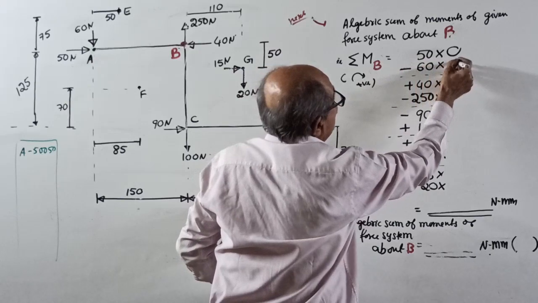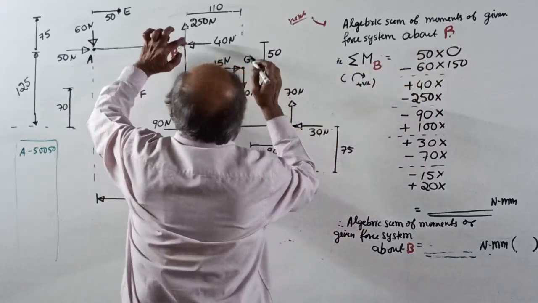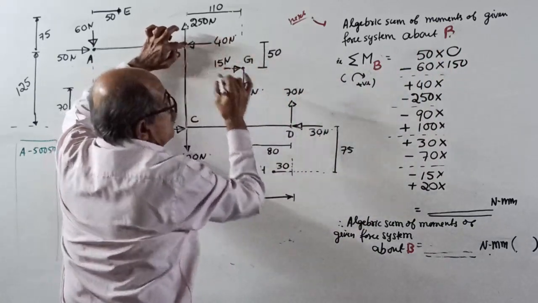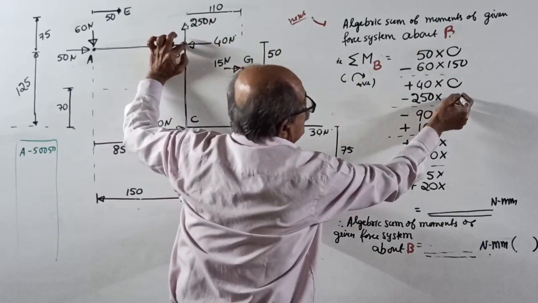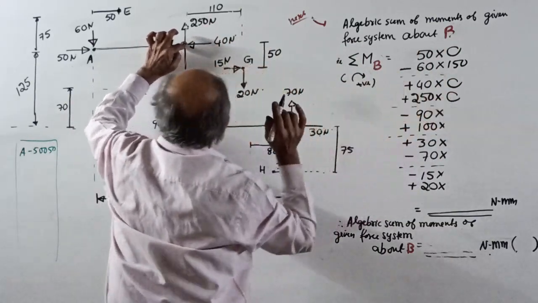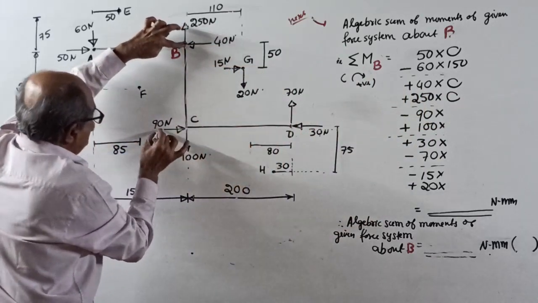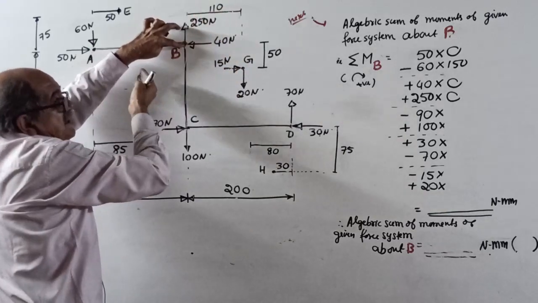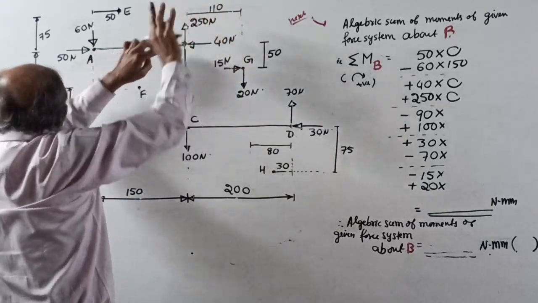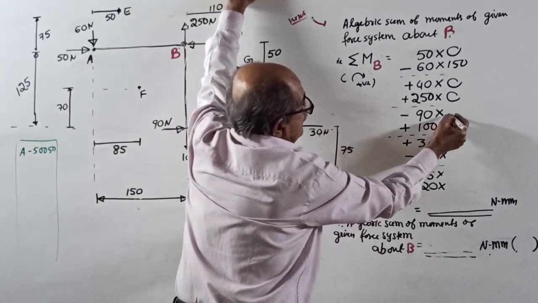Once again. 40 into 0. Why? It is passing there only. 250 also into 0. So 0 means put plus. Then 90 into this distance, anti-clockwise. 90 into 125, minus.